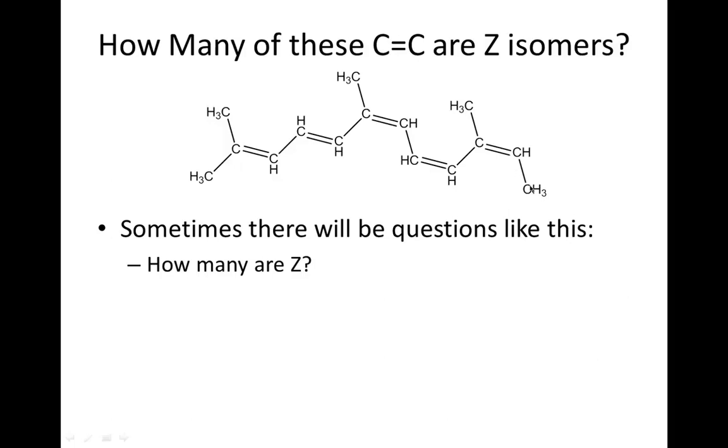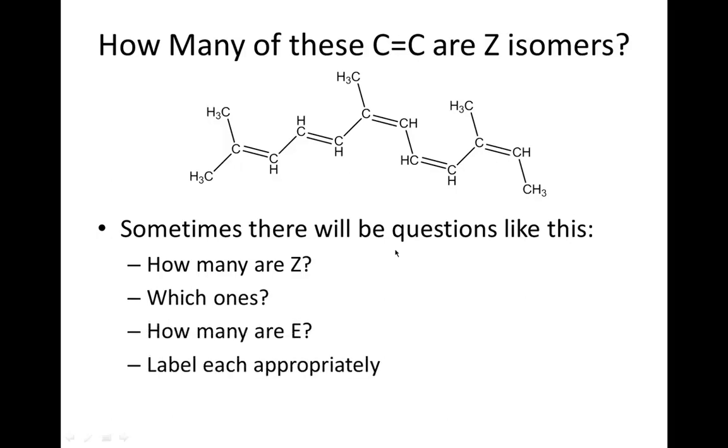But you see this group is higher in priority on this end, and this group is higher in priority on this end, so this one is Z. So you have to be careful about that kind of situation. So if we just go back and label, there was one of the easy ones, and that one's Z, that one's Z, Z.